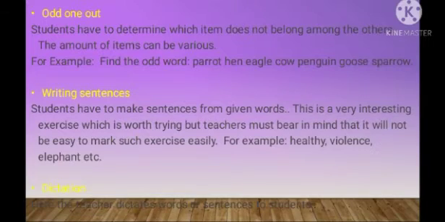Okay, next, writing sentences. Students have to make sentences from given words. This is a very interesting exercise which is worth trying, but teachers must bear in mind that it will not be easy to mark such an exercise. For example, healthy, violence, elephant, etc.